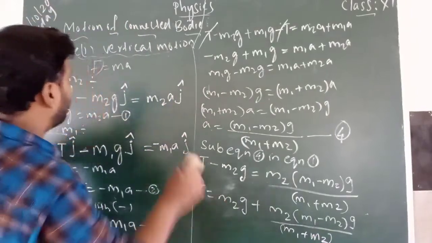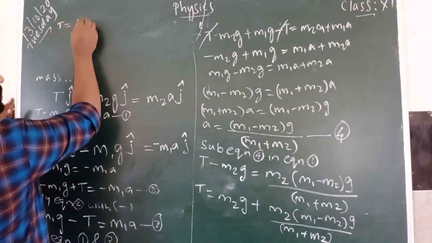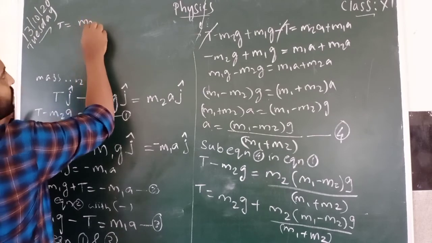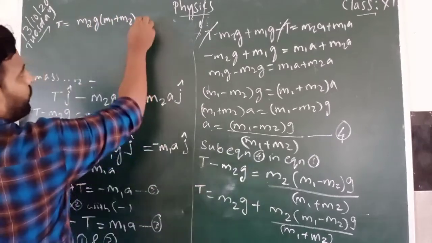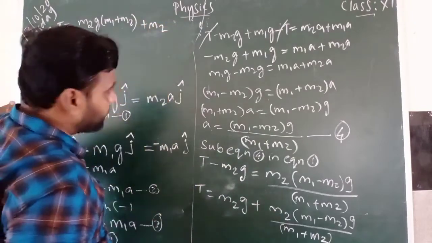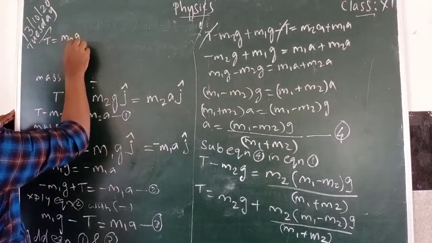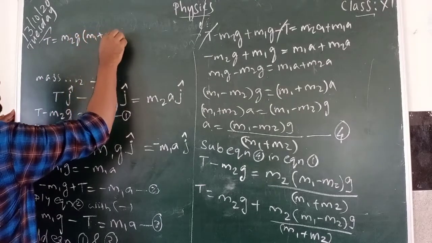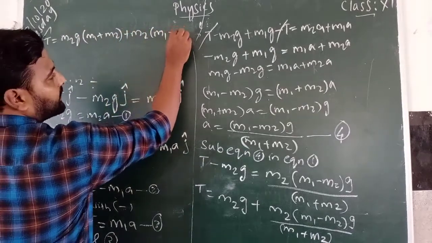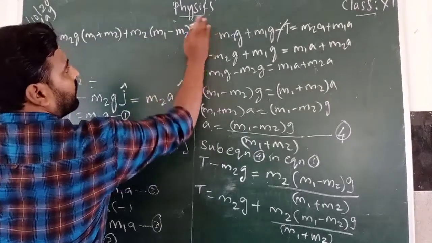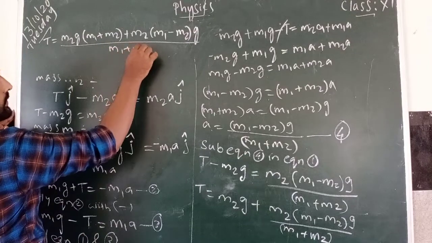So T equal to M2G into M1 plus M2 plus M2 into M1 minus M2 into G, divided by M1 plus M2.